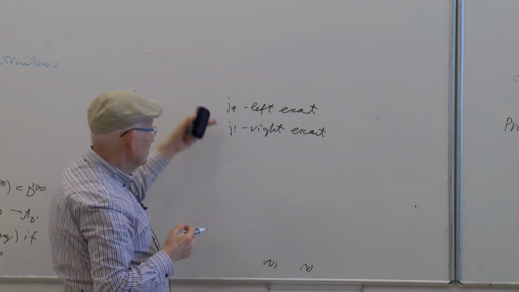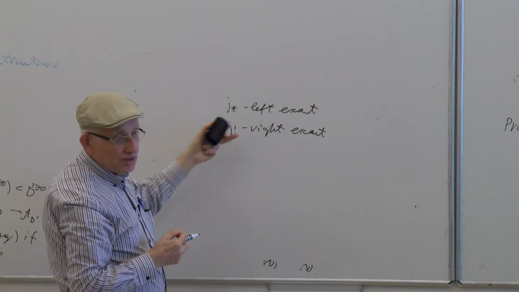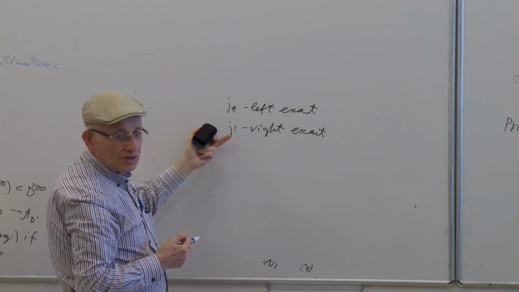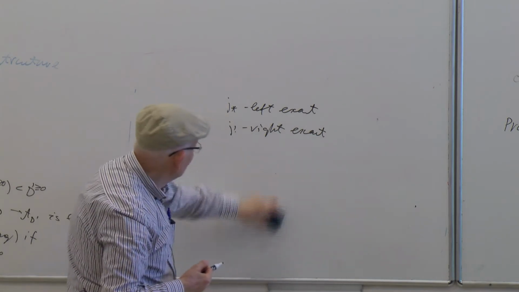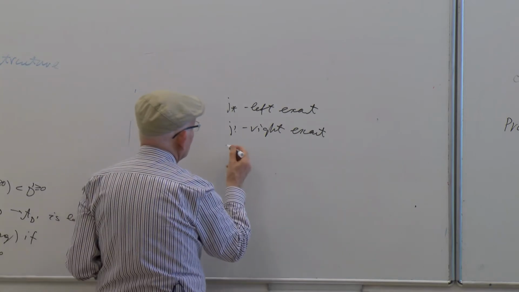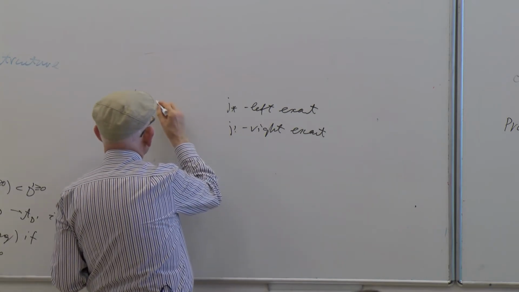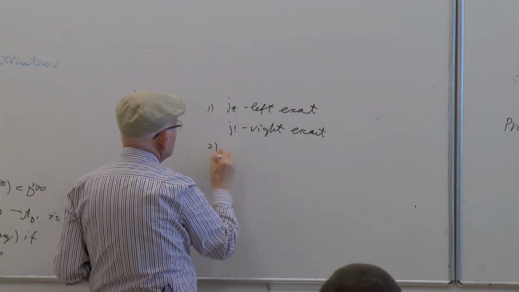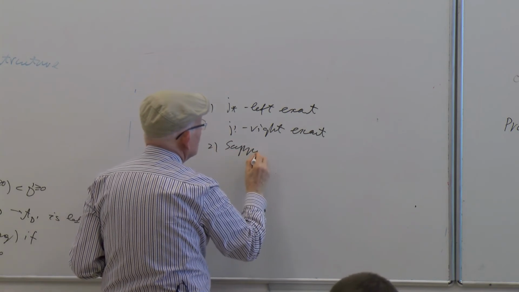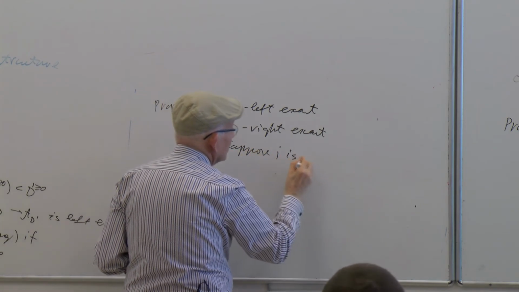Only one of these statements should be proven, because duality just maps one of them to the other. Suppose J is affine.